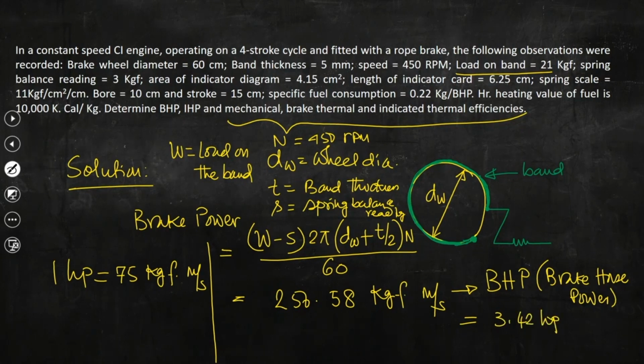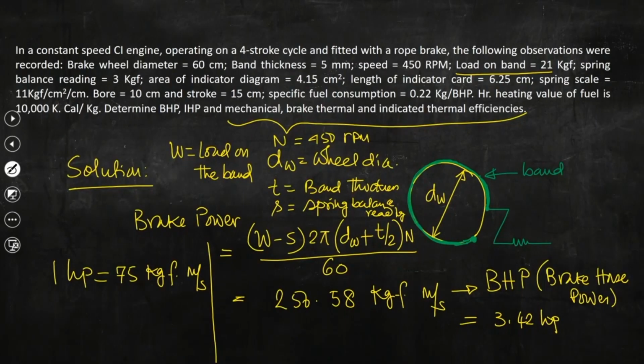So, 1 horsepower equals 75 kg force meter per second, and if I divide by 75, then we get 3.42. So, this is the first part of the problem.